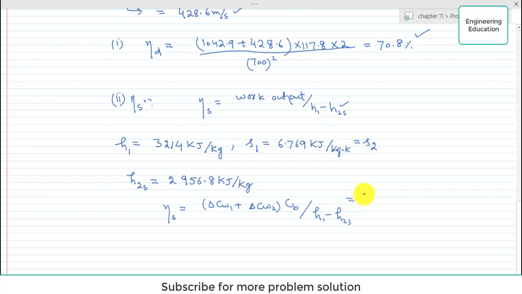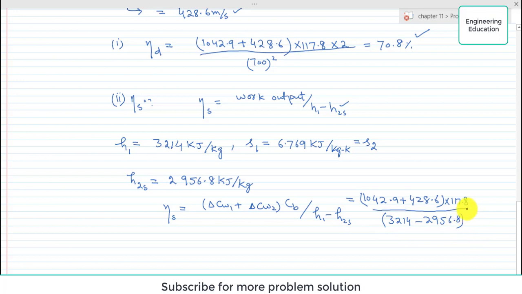So putting the values, delta CW1 is 1042.9 plus delta CW2 is 428.6 and the value of CB is 117.8 meter per second divided by the value of H1 is 3214 minus the value of H2 is 2956.8 kilojoule per kilogram.